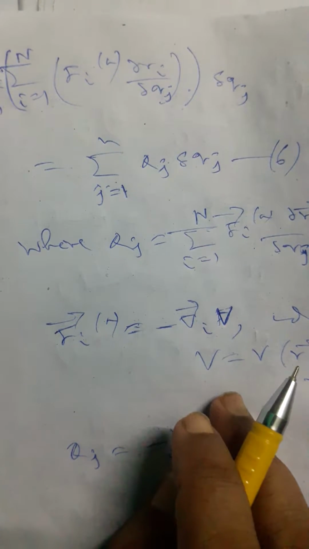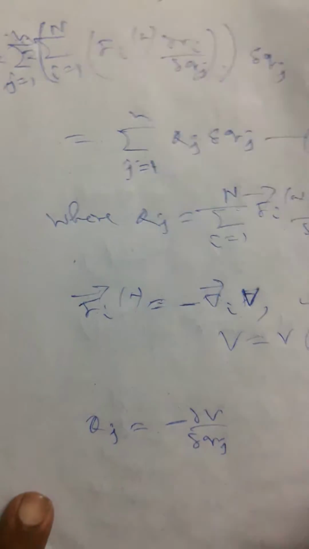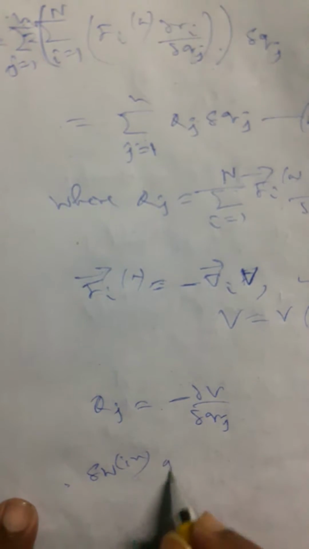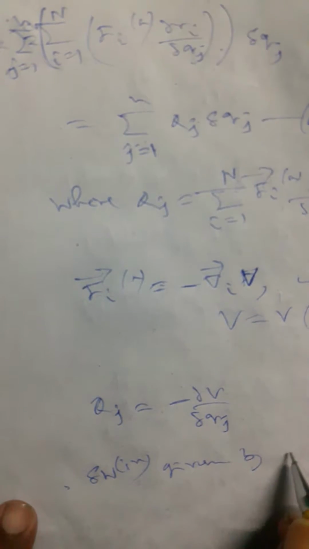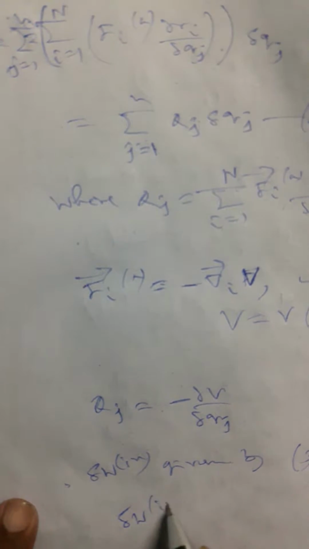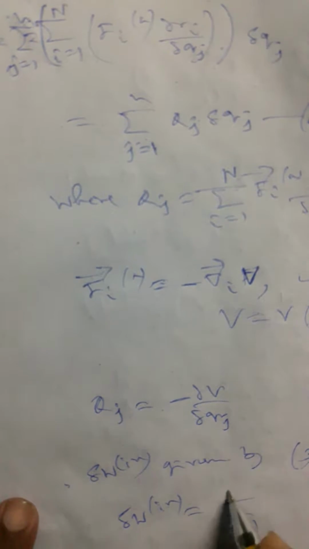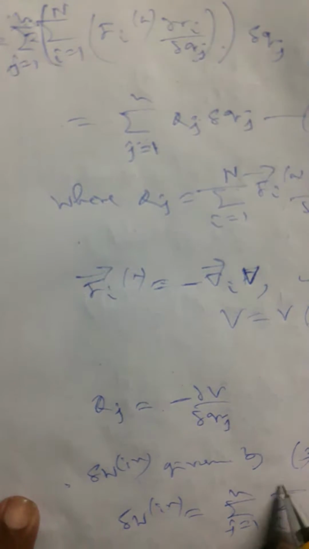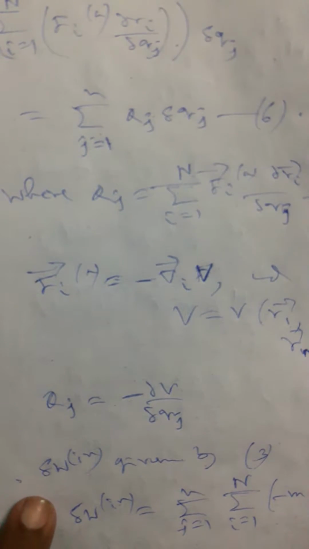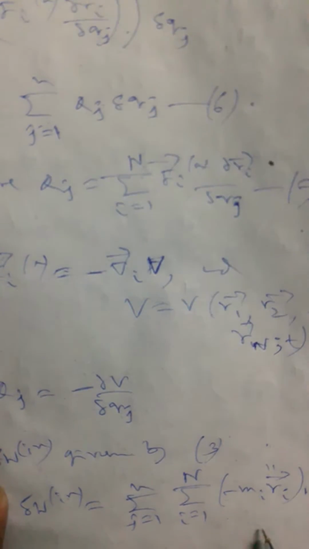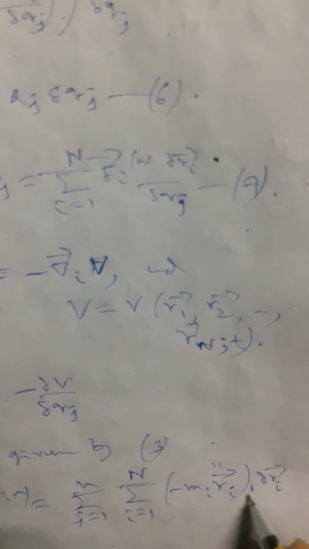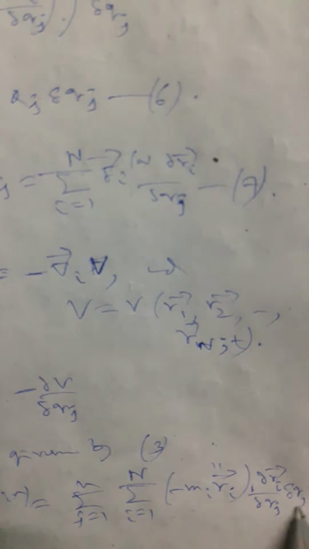Now if we consider the work done by the inertial forces, given by 3, it can be written as del W inertial equal to the sum of j running from 1 to small n, of the sum of i running from 1 to capital N of minus mi ri double dot times del ri del qj, times del qj.